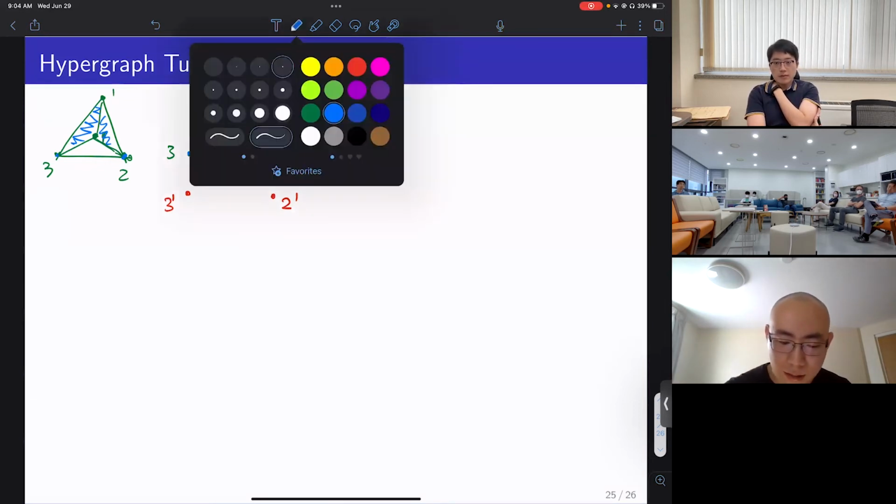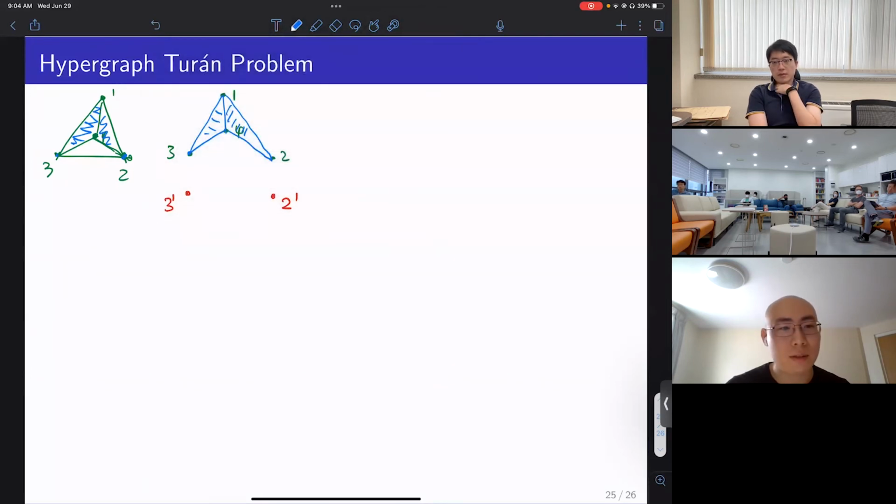But for the others, if an edge contains both 2 and 3, then you need to change a bit.